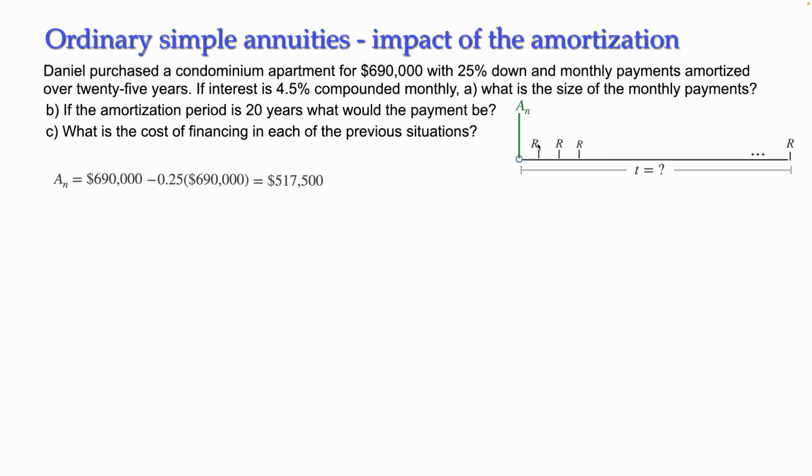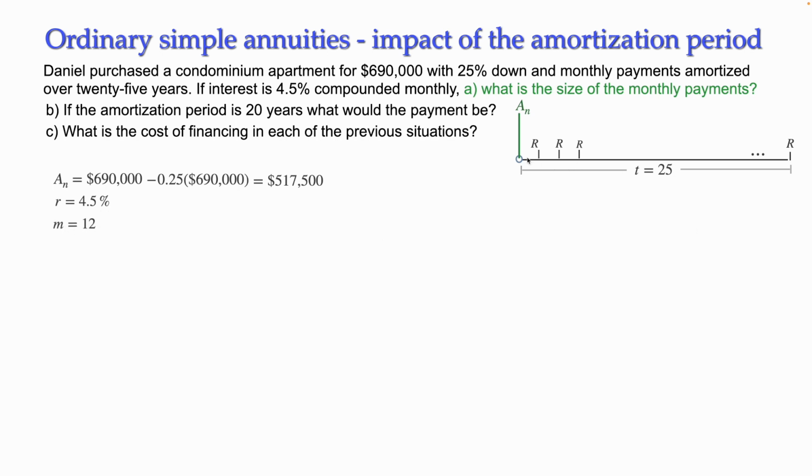What will be the size of the periodic payment if the time is t equal 25? We know AN. We know also the interest, that is 4.5% compounded monthly. So let's type here that the nominal rate of interest will be 4.5%, and this will be compounded monthly.